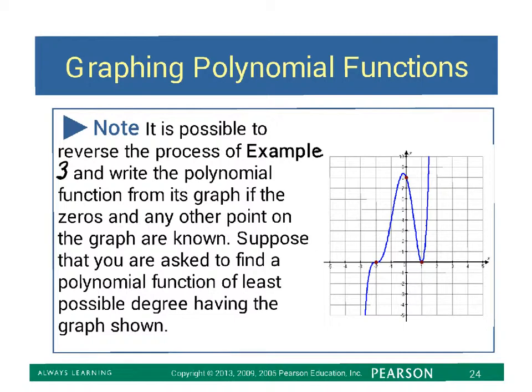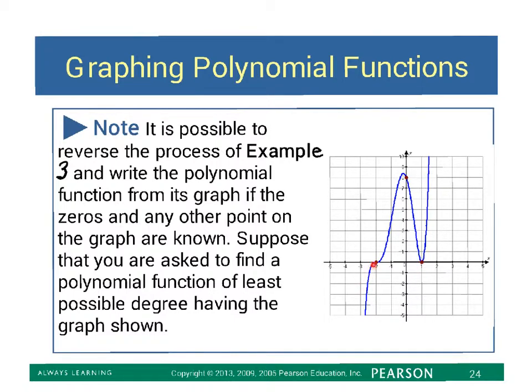Another thing to note about graphs of polynomial functions is I may give you a graph that looks like this, and you have to determine the function. And we're going to do that a lot like what we've done before with graphs of functions. We are going to locate the x-intercepts. So here's an x-intercept, here's an x-intercept.